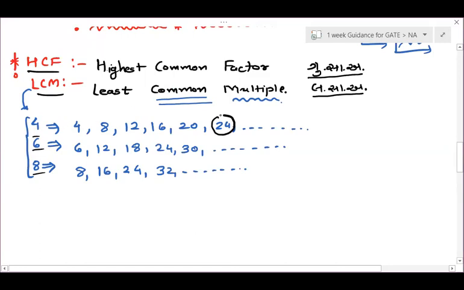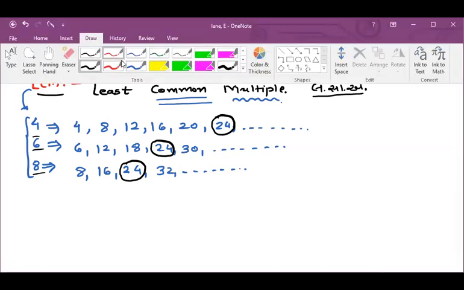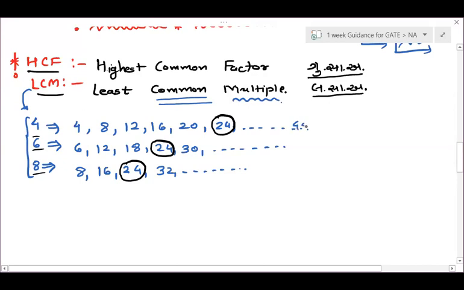The first common multiple is 24, right? Common between all of them. The next common will be 48. Are you getting my point? In the same way, the next common will be 72.